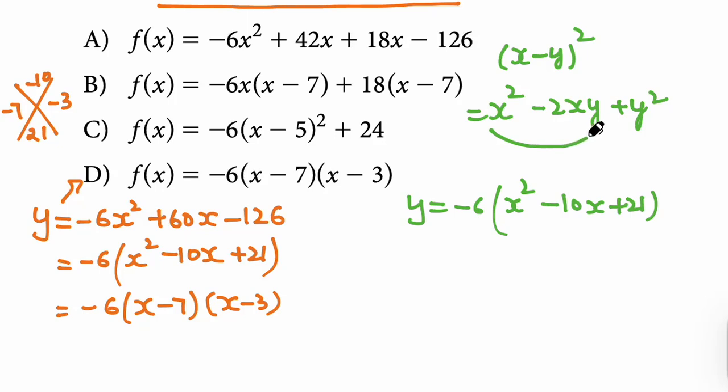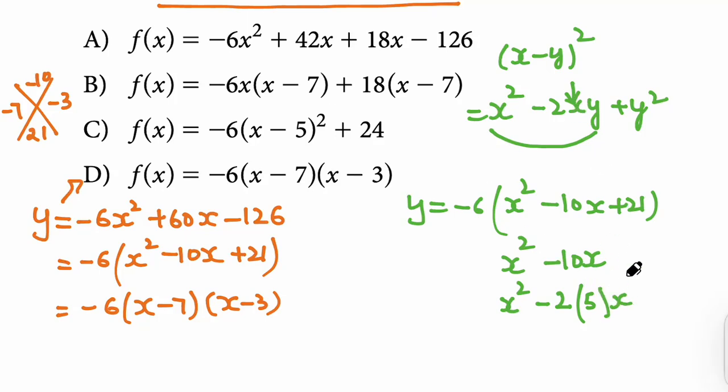This much part is given to us, which is x squared minus 10x. Now let's break it. x squared minus 2 times 5 times y. So x is here, this one, not y, my bad. This is x.